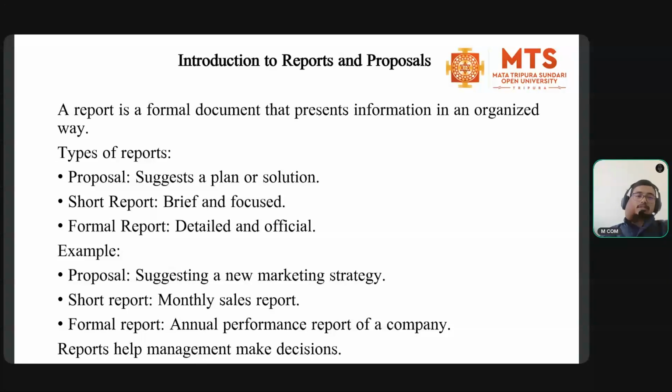A well-written report helps in understanding problems and planning future actions. Reports must be factual, clear, and objective, and personal opinions should be avoided unless actually required. This unit helps you understand the basic nature of reports before learning how to prepare them properly.